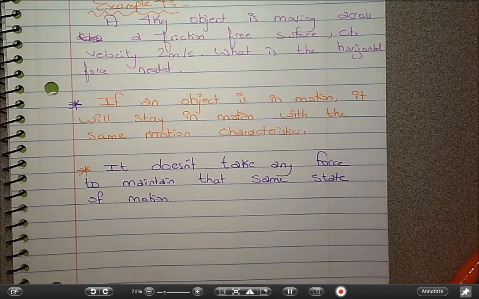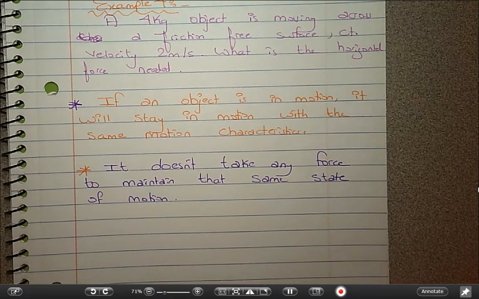In other words, if a force is acted upon that object, then there will be a change in the speed, which will cause acceleration, and in this case, there will not be Newton's first law of motion.